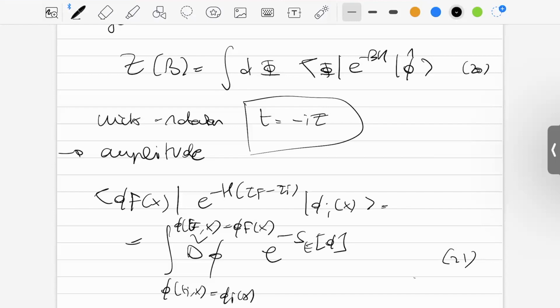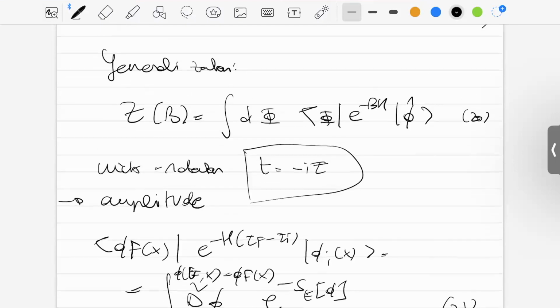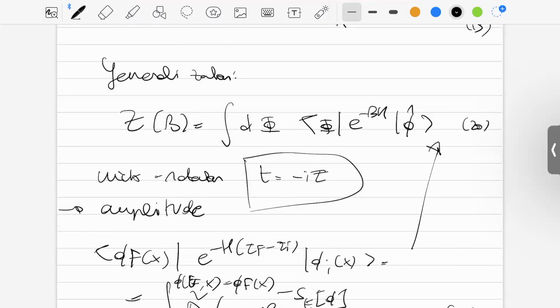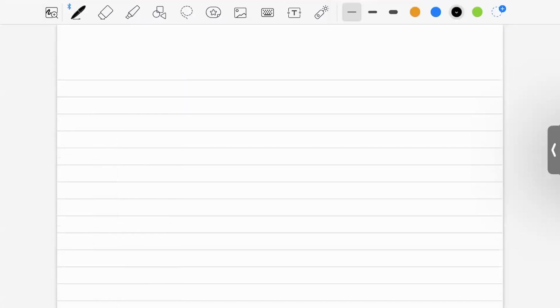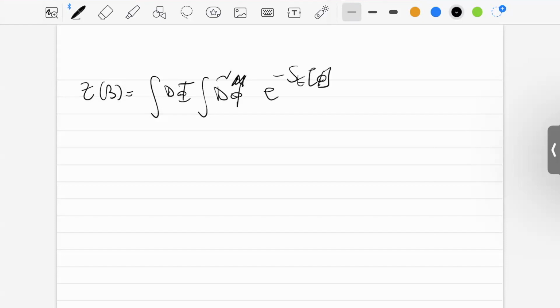Indeed, I could write Z as the integral over phi, then the integral over phi tilde of e to the minus S_E of phi.